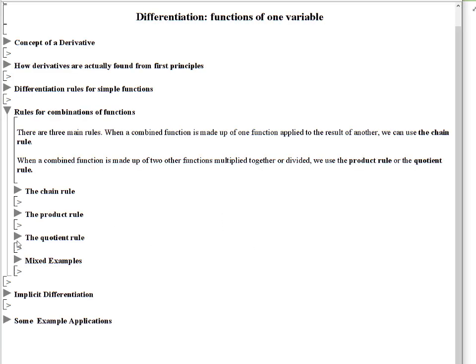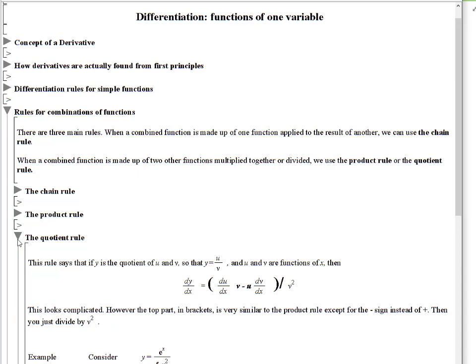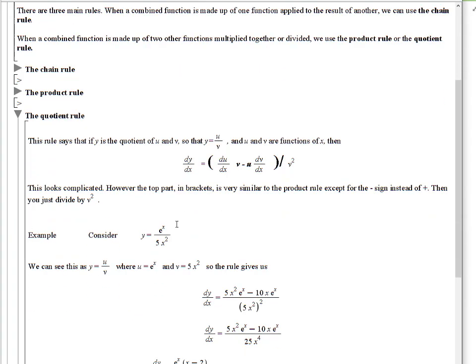So back to Maple and into the quotient rule. This rule just says that if y is the quotient of u and v, so that y is equal to u divided by v, if u and v are both functions of x, then to get the overall derivative you do this, which looks complicated, but when you break it down, the top part in brackets here is really just very similar to the product rule, except here you have a minus instead of plus.